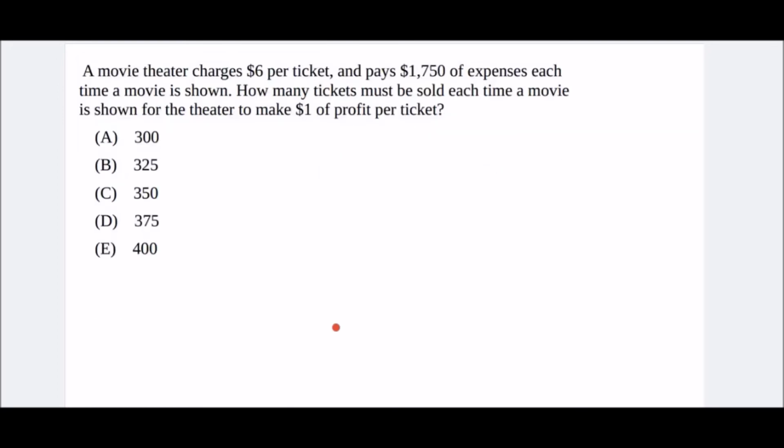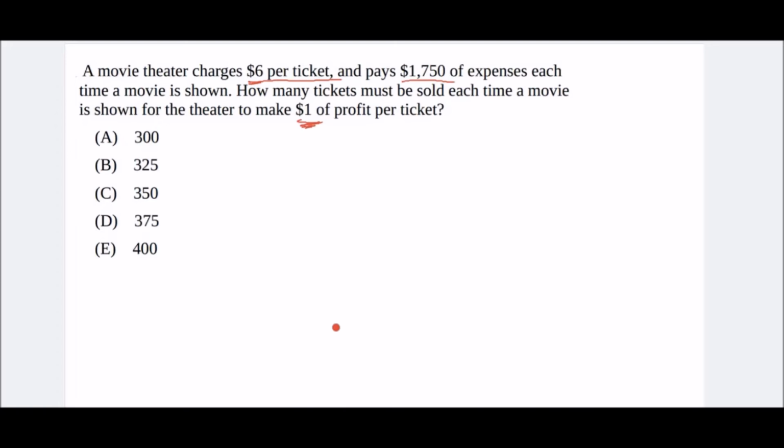Our next question is, a movie theater charges $6 per ticket and pays $750 of expenses each time a movie is shown. How many tickets must be sold each time a movie is shown for the theater to make $1 of profit per ticket? See here, it is a very easy question but complicated to understand.